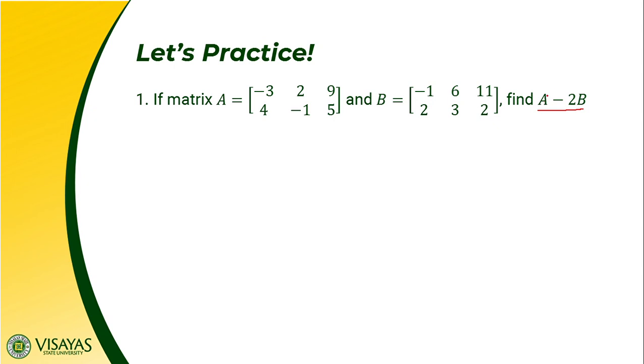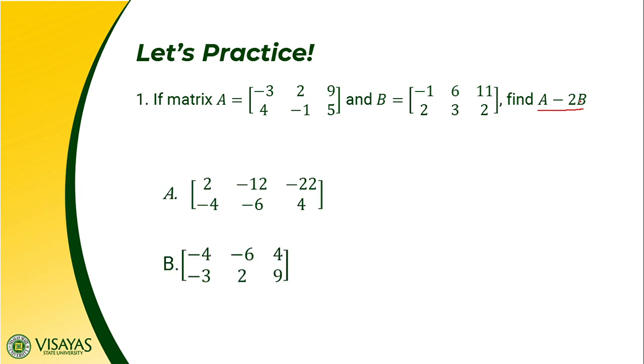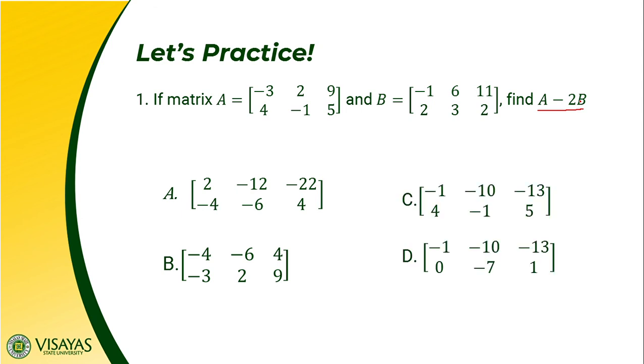This means we have here matrix A subtracted by this scalar 2 which is multiplied to matrix B. We have the choices, letter A, B, C, and letter D. For letter A, it contains elements 2, negative 12, negative 22, negative 4, negative 6, 4.